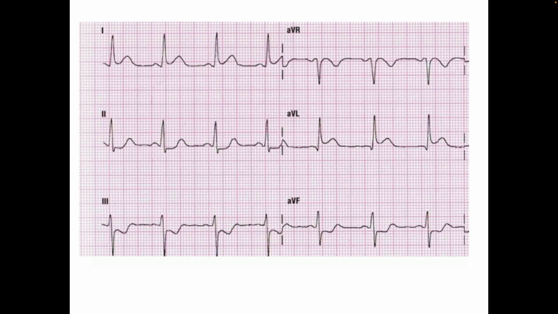One of the great things about reciprocal changes, here's a great example. In this particular case, okay, here's our isoelectric line, here's our J point. There's no question there's about 1.5 millimeters of elevation here. That's pretty solid.